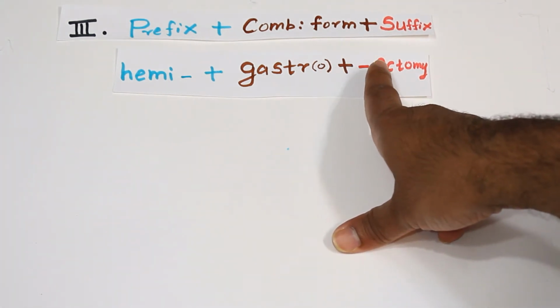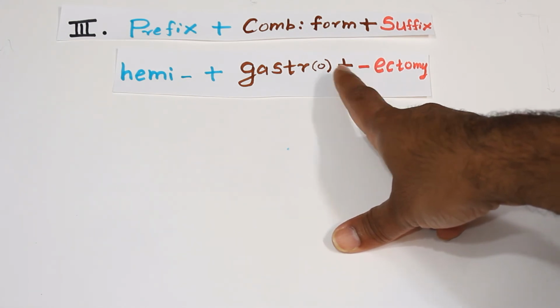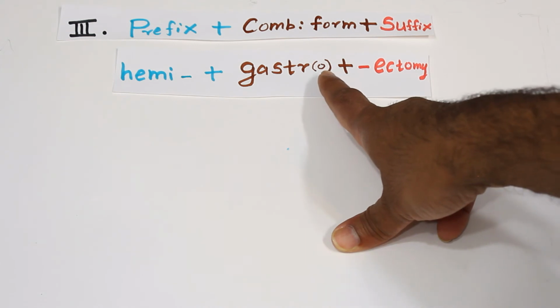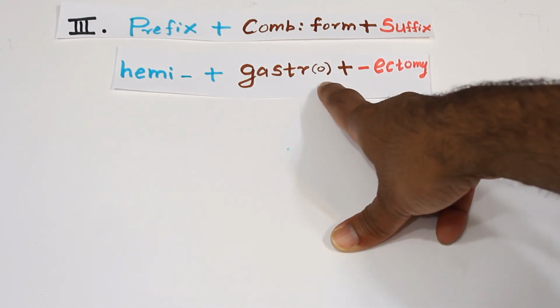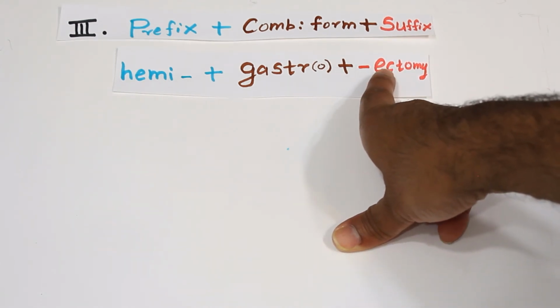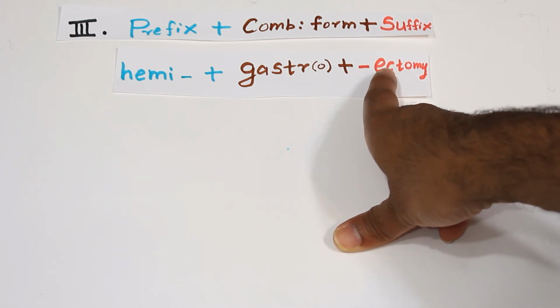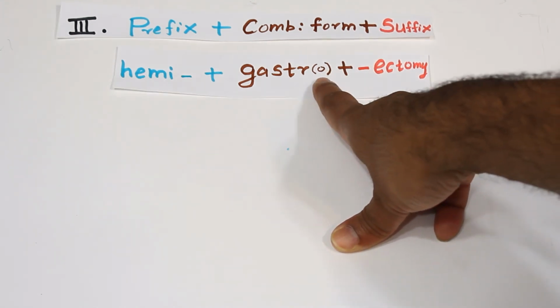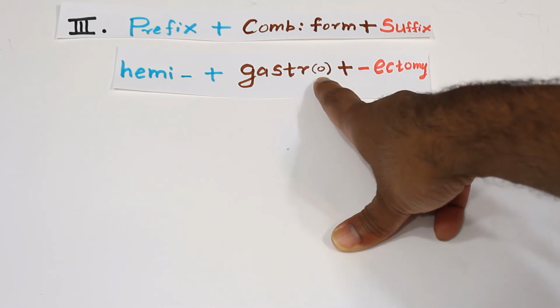According to our first rule, if there is a combining vowel and the suffix starts with a vowel, the combining vowel is going to be out.